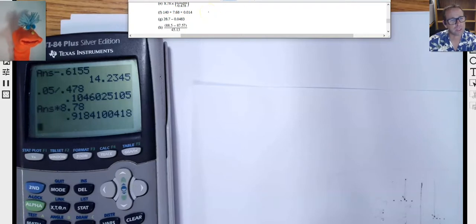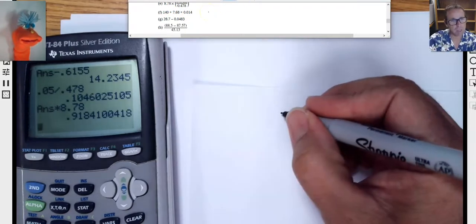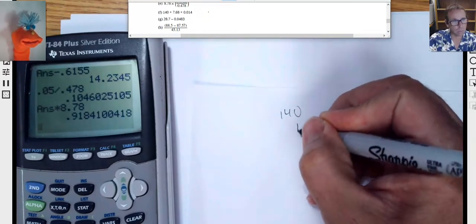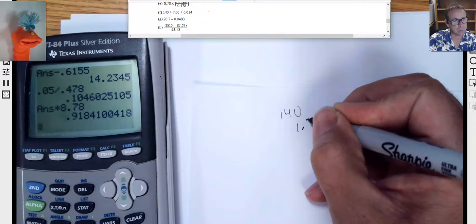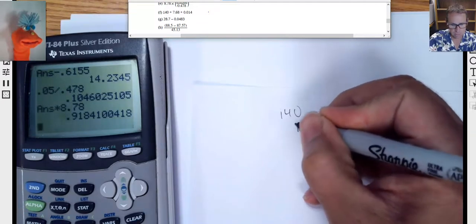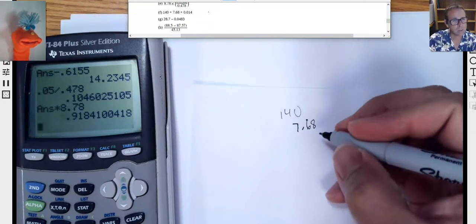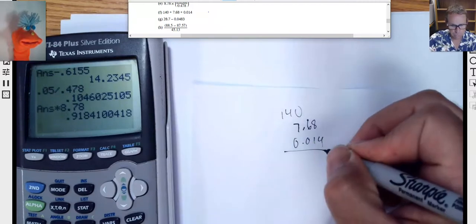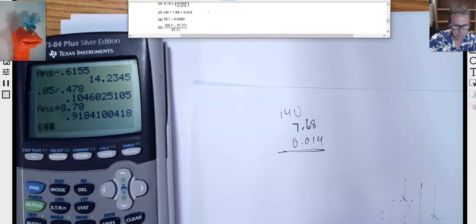F, just addition. So I line them up, right, Fred? Yep. 140, 7.68, 0.014. I can add those up in my calculator.